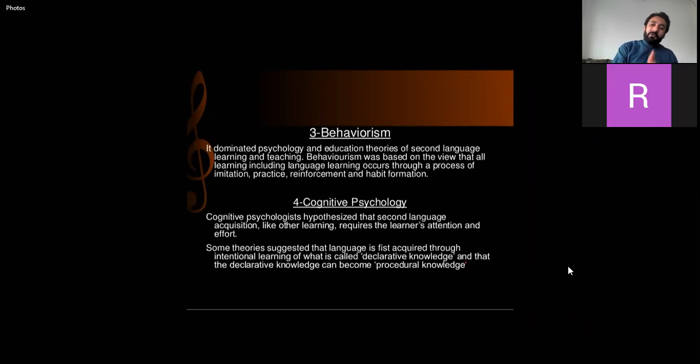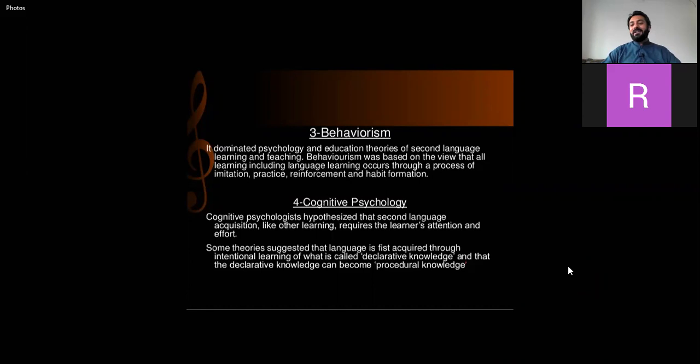Then there is a process of reinforcement. Reinforcement can be positive as well as negative. Positive reinforcement can certainly help the learners in a better way. As we know, we can think that we would get good marks, good grades, first position, or some reward.